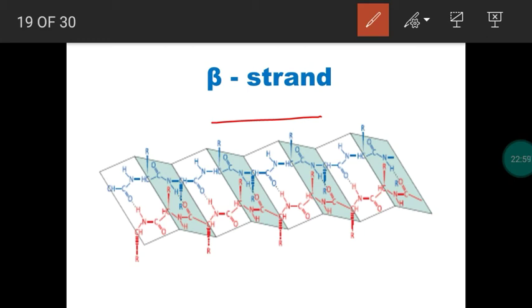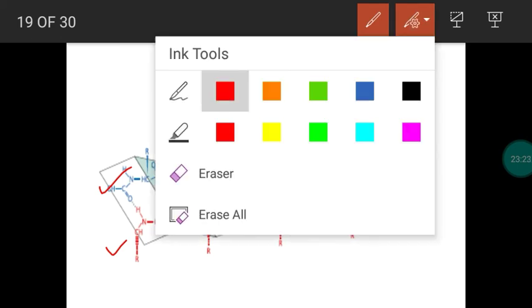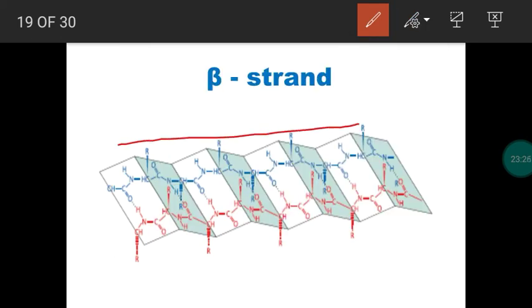Carbonyl oxygen of one strand and amino hydrogen of adjacent strand. So between these strands there will be hydrogen bonding. So this is first strand, one polypeptide chain. This is second strand. So overall this is having what structure? Sheet structure. Okay. So this one polypeptide chain, this is another polypeptide chain.